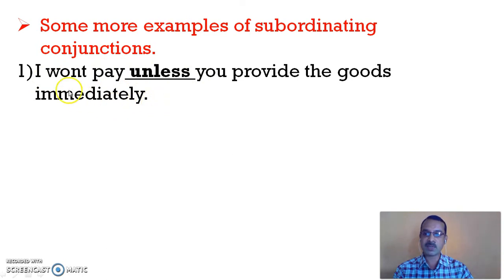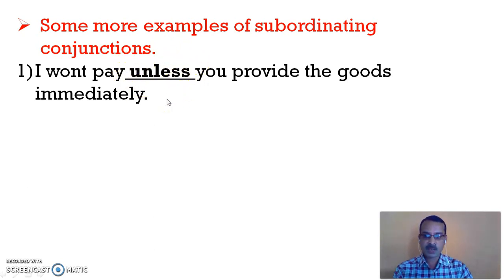So in this example, I want to pay is the main clause, and after the subordinating word, it is the subordinate clause. So this is the difference. And in your exam, this space will be blank, and you have to fill this blank.